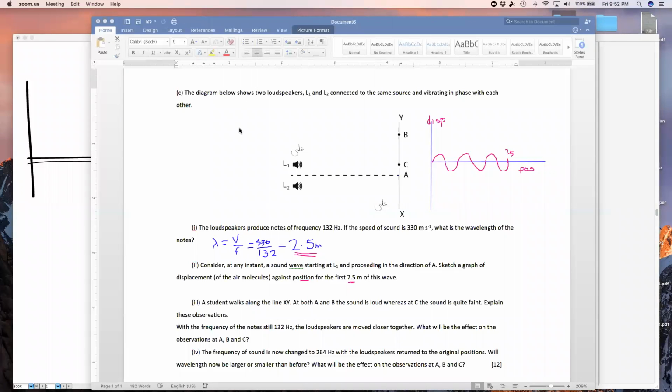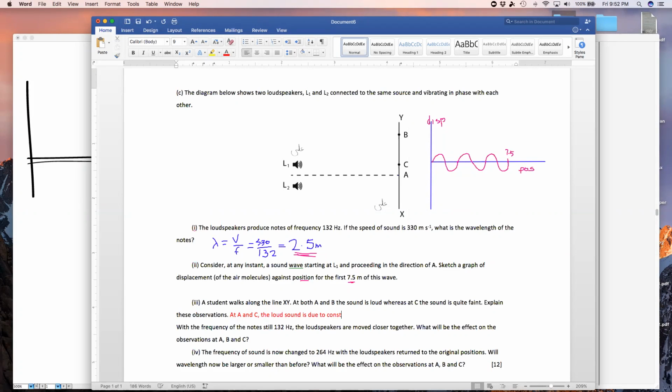I'm going to do this in a different color so that we can differentiate. At A and B, not C, due to constructive interference.